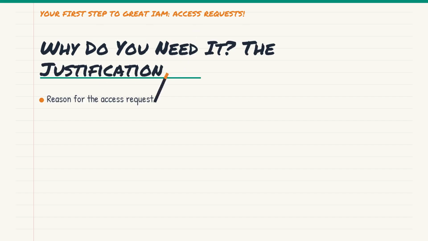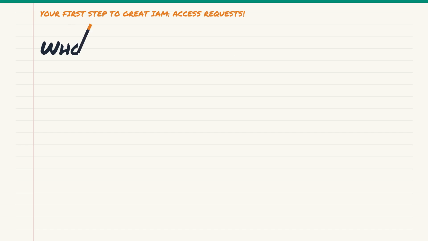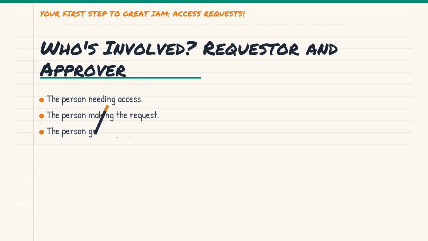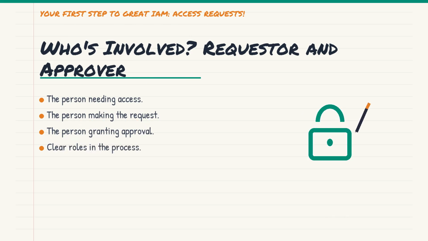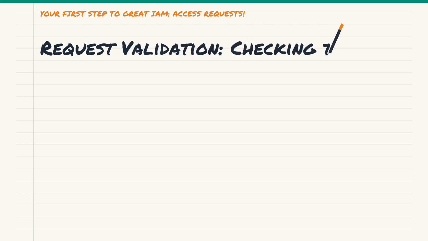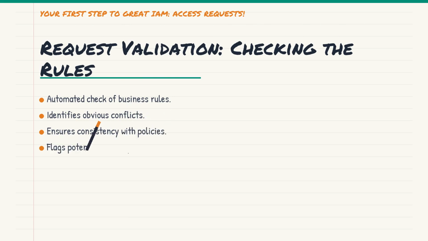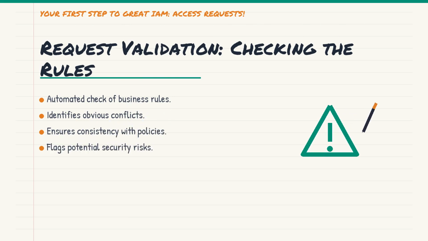This part is super important, the why. On every request form, you'll typically see who's asking, the requester, and who needs to give the green light, the approver. Before a request even gets to a person for approval, there's often an automated step called request validation. Think of this as a quick sanity check by the system.